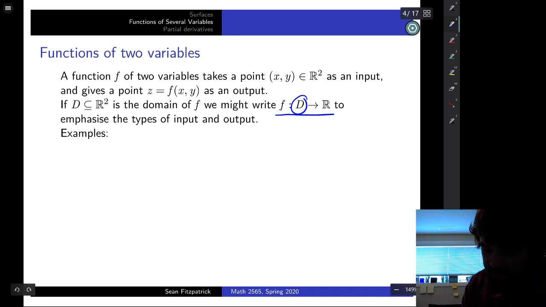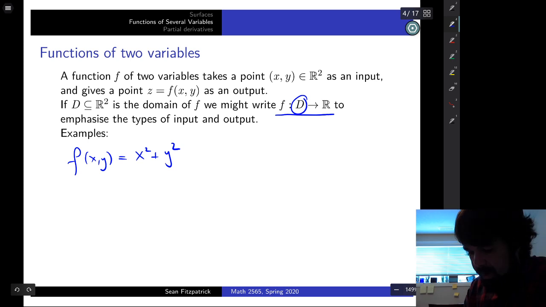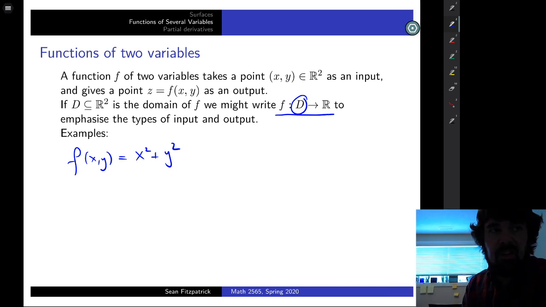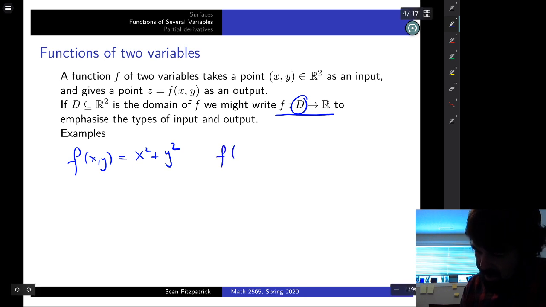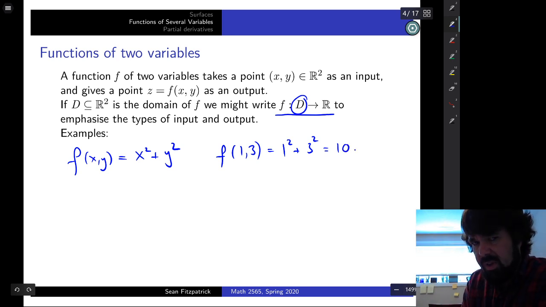So if I write down something like f of x, y equals x squared plus y squared, like the one we just graphed, it's still the case that you get a unique output for every input. So what is f of 1, 3? Well, f of 1, 3 is 1 squared plus 3 squared, which is 10, right? You can plug in the numbers.